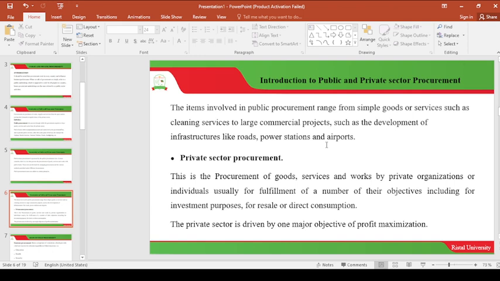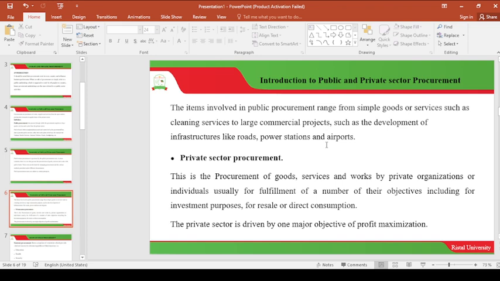On the other hand, we can talk about the private sector procurement. Private sector procurement is the procurement of goods, services, and works by private organizations or individuals, usually for fulfillment of a number of their objectives, including investment, resale or direct consumption.